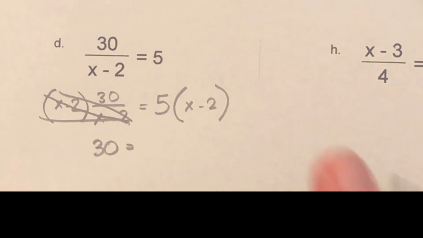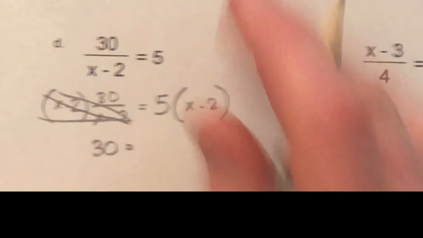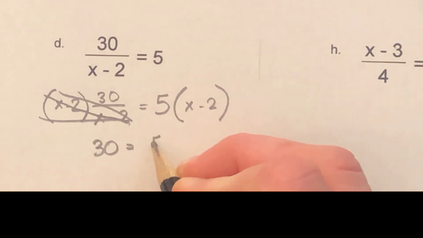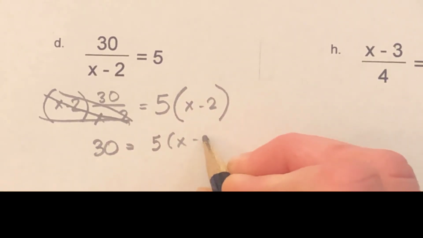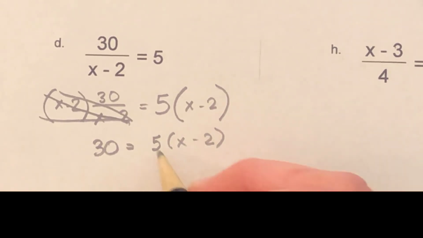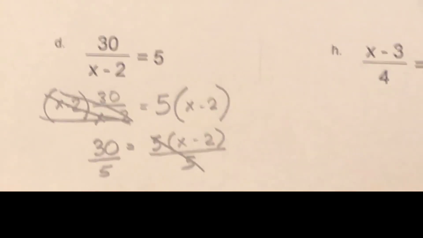I'm going to just do it the way that I've been doing it from the beginning in this book. I'm going to rewrite this, and instead of distributing like I did last time, I will undo the times 5 by dividing by 5. So that gives me 6 equals x minus 2.